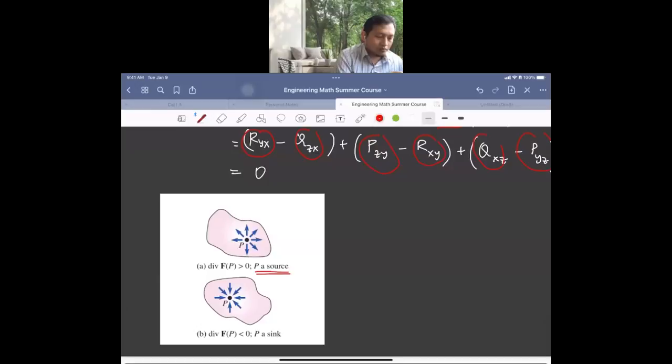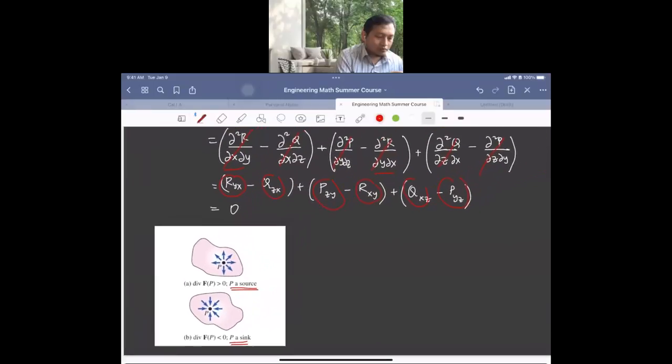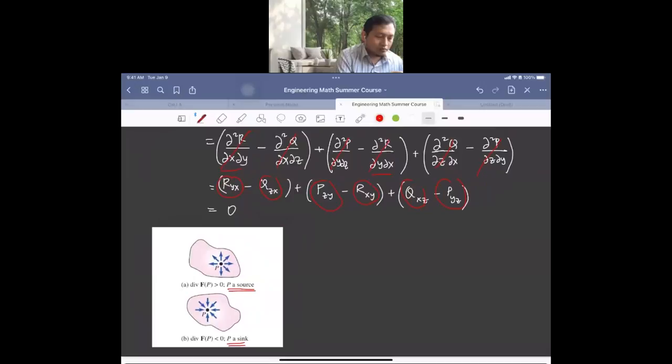When the divergence is negative, we call P a sink, like when you wash your hands and the water goes to the sink. And that's it for the curl and divergence.